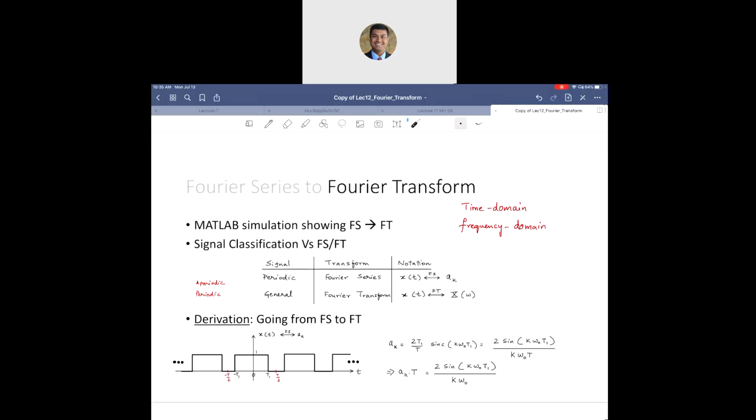And when I talk about frequency domain, I'm talking about how fast it is changing. What is the maximum frequency in this signal? Does it have a higher amplitude at lower frequencies? Does it have a higher amplitude at higher frequencies? What is the frequency domain information? It gives you an idea about how fast or slow the time domain signal is changing.